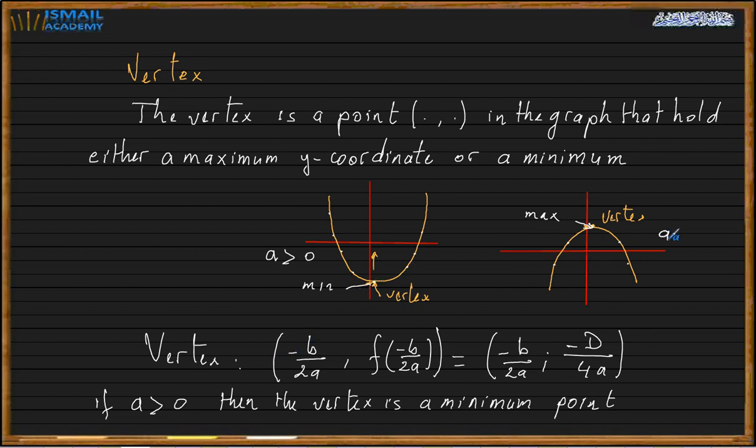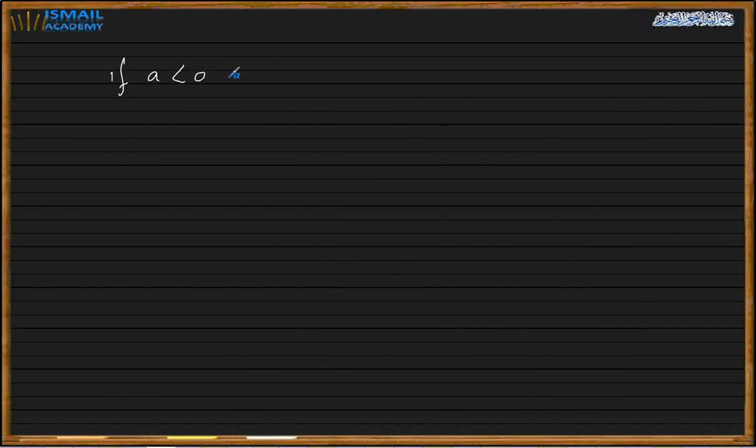For that case, a here is negative. So if a is negative, then the vertex is a maximum point. So this is about the vertex.